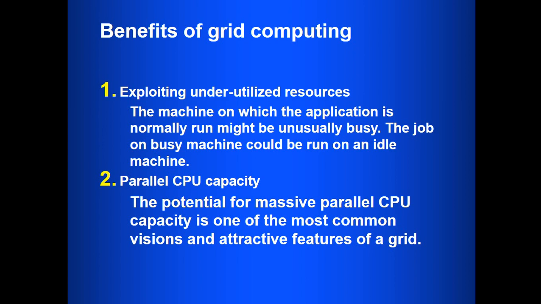A CPU-intensive grid application can be thought of as many smaller subjobs, each executing on a different machine in the grid. So the algorithms can be partitioned into subjobs, and each subjob can execute on a different machine.